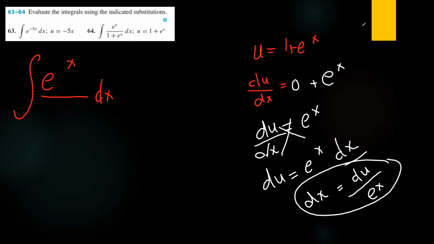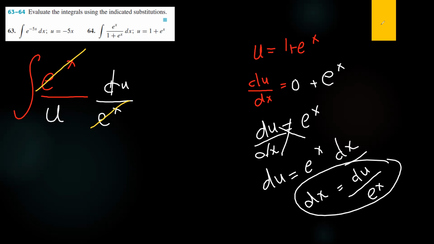And dx, replace it with du over e to the power x. Then, as you see here, we have e to the power x, it's cancelled.